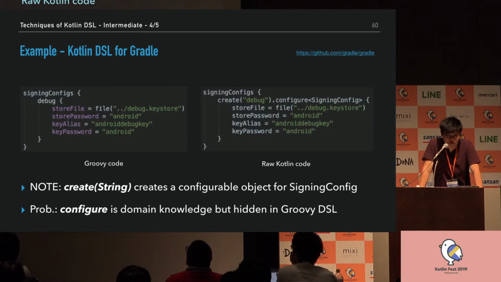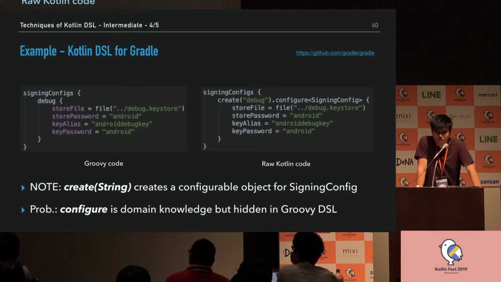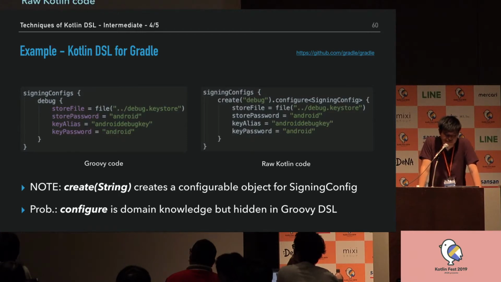It may be a problem because the configure function is domain knowledge, though it's hidden in Groovy DSL. So Kotlin DSL users may need to become more knowledgeable about Gradle than Groovy DSL users. It's nonsense. And also, the syntax between Groovy DSL and Kotlin DSL will be different.